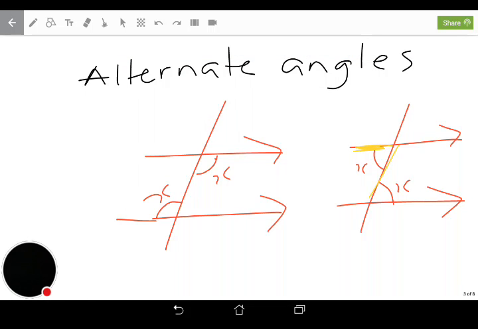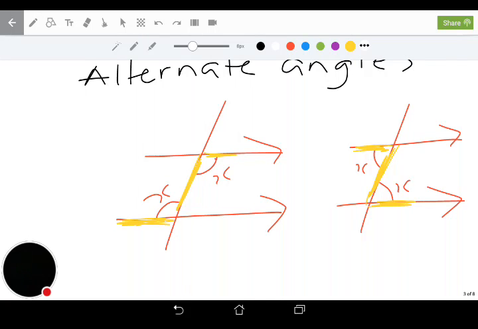If you look at the angles, it's the angles within the turns of a Z. If you were to imagine a Z shape, the alternate angles would be within the turns of the Z. Here we can see a backwards Z, and the angles which are the same are on the turns of the Z here.